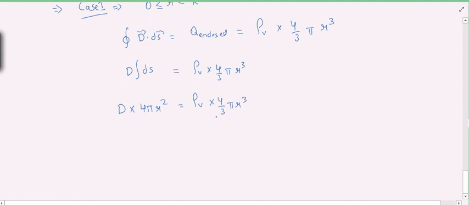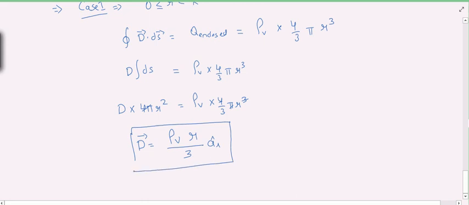Now if you simplify this, what will be the value of D? It will be rho v, where the 4 pi and 4 pi get cancelled, r square cancels with the power of r cube, and the remaining is rho v multiplied with r divided by 3. This will be the value of D. In vector form, D vector is equal to rho v r by 3 a_r.